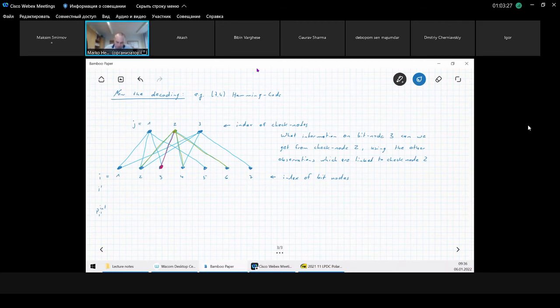And this is actually why we have this additional index I prime here. In this I prime, I only consider the indices with the nodes being linked to check node 2: 2, 3, 4, and 6. This we call Bj, here in our case B2.